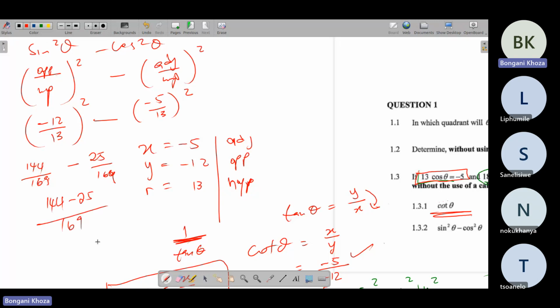What's 144 minus 25? 119 over 169. If you can still simplify this further, go on. If not, you leave it like this, because they're not expecting you to know that this is 0.704 and so on. So you leave it like that.